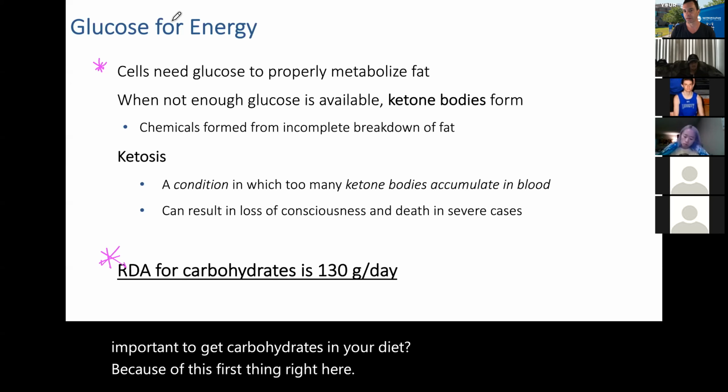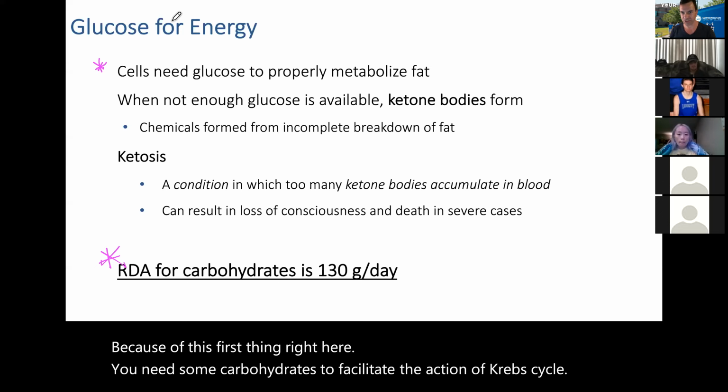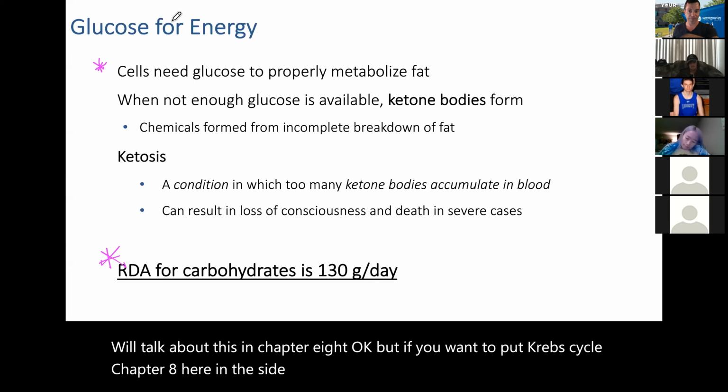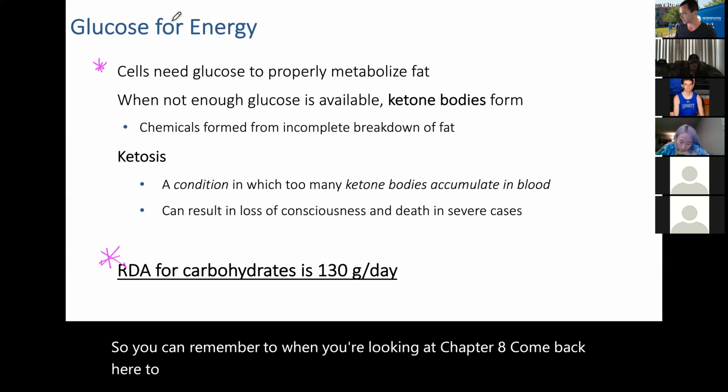You need some carbohydrates to facilitate the action of the Krebs cycle. We'll talk about this in chapter 8. But if you want to put Krebs cycle, chapter 8, here on the side of this slide, so you can remember when you're looking at chapter 8 to come back here to slide 53, glucose for energy.